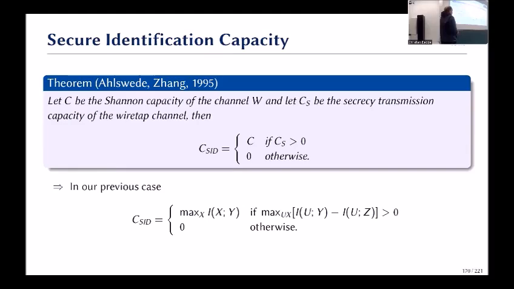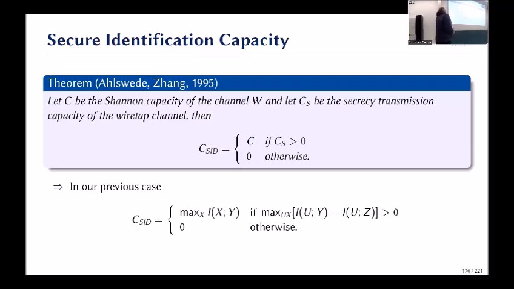This holds if the secret transmission capacity is bigger than 0, otherwise it's 0. What does it mean? If we know that we can transmit something with positive capacity over the channel, then there's no difference in the capacity whether you have a wiretap or not. It's only 0 if we cannot transmit anything securely.